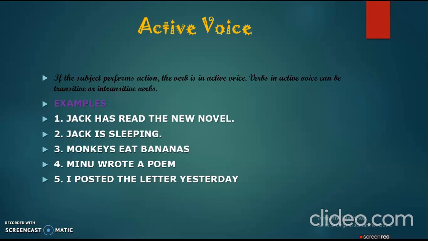Like Jack has read the new novel. Jack will be the subject, read will be the verb, novel will be the object. Jack is sleeping. Jack will be the subject, sleeping is the verb, right? So transitive or intransitive verbs, anything it can be.